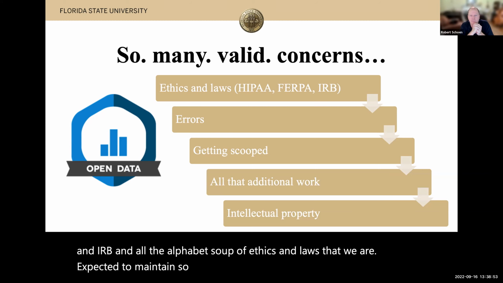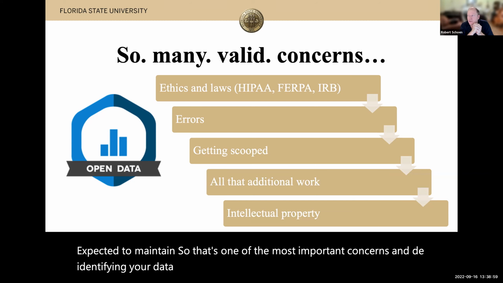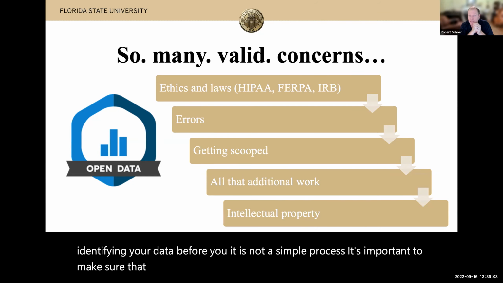So that's one of the most important concerns. And de-identifying your data before you share it is not a simple process. It's important to make sure that you're doing that very carefully and very deliberately.